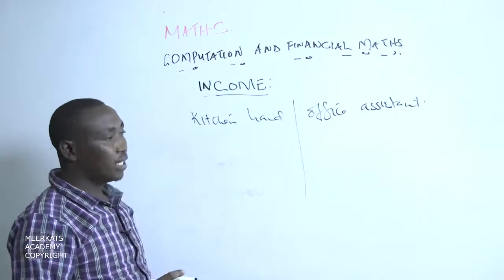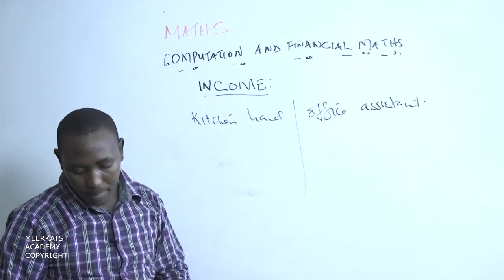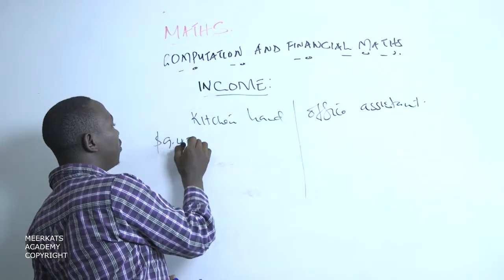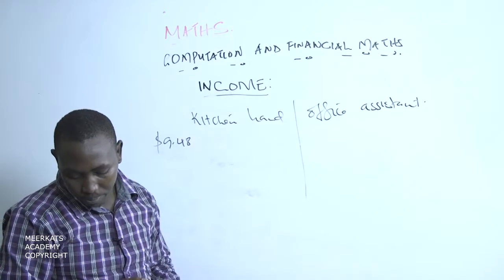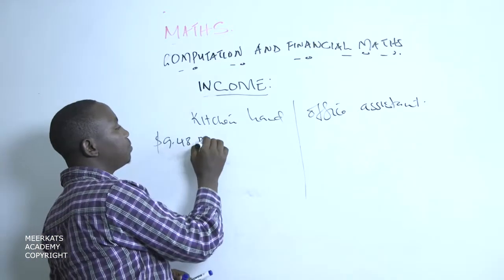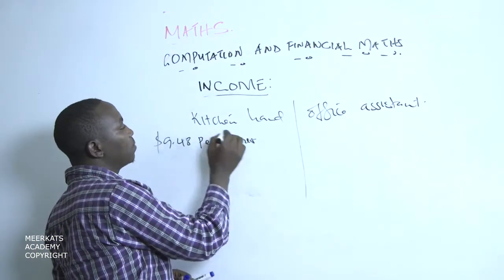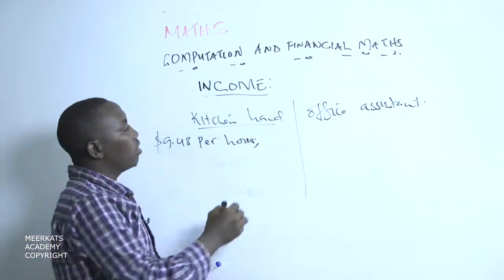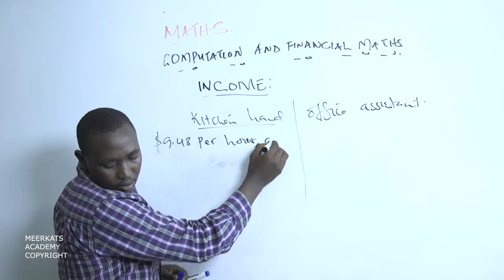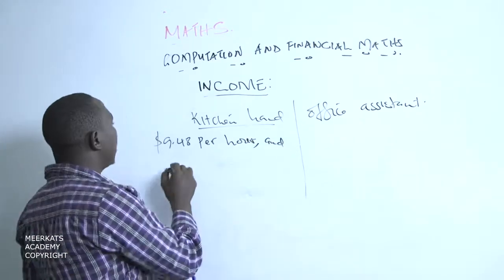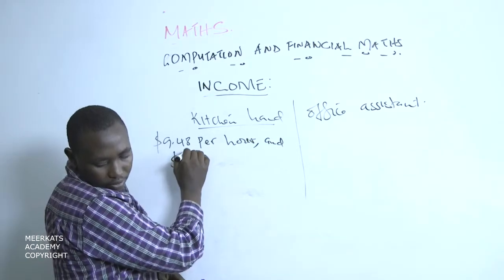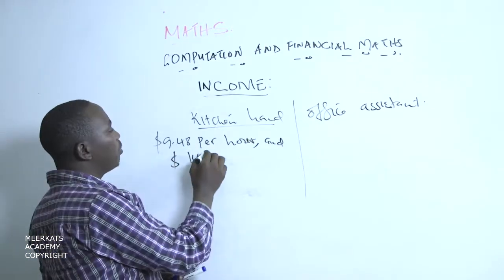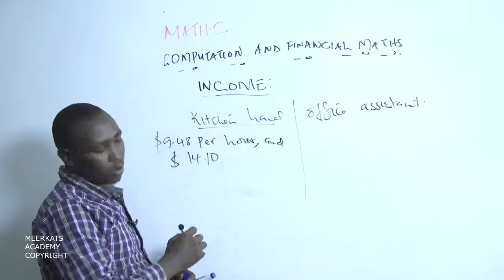Each of these two jobs has different rates of remuneration or income. In this particular case, being a kitchen hand, a person will be paid US dollars 9.48 per hour, and US dollars 14.1 on weekends.